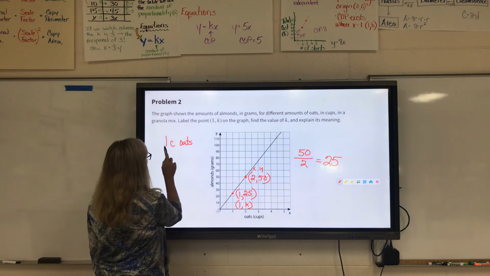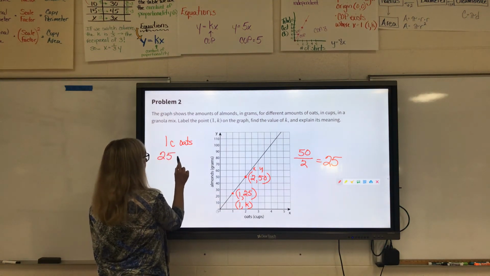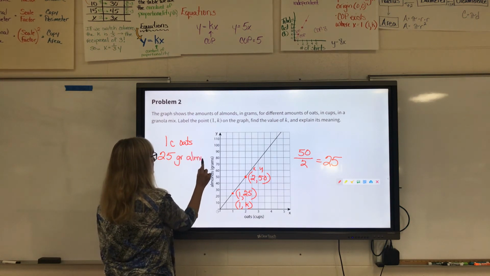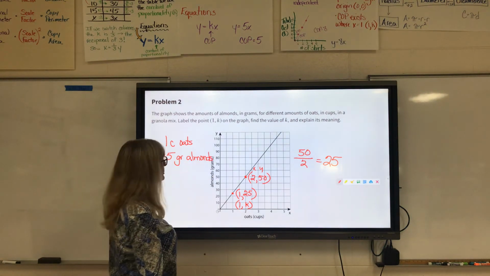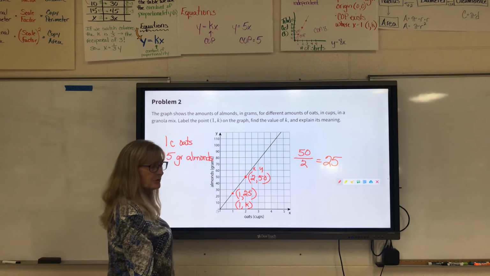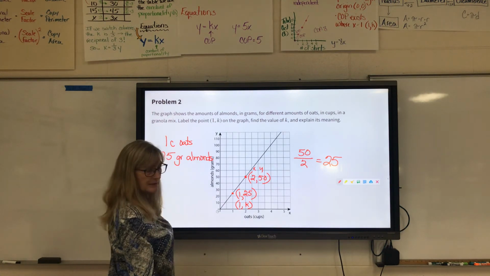Okay, so 1 cup of oats, and we will need 25 grams of almonds. That's what it means in this situation. If I use 1 cup of oats, I have to use 25 grams of almonds to make that granola mix.